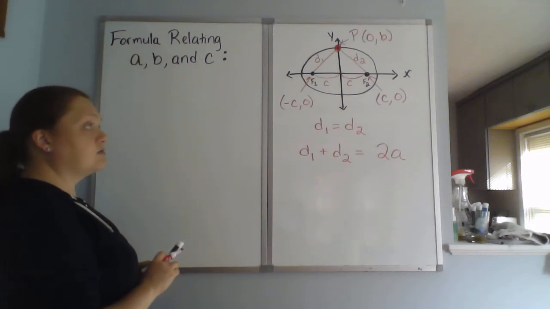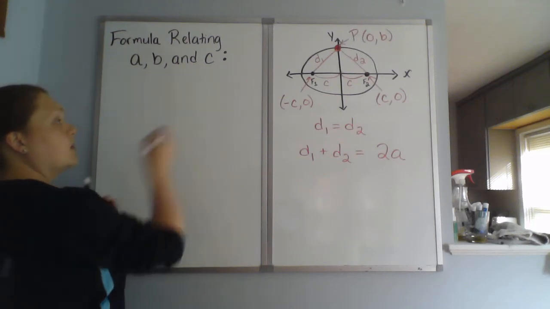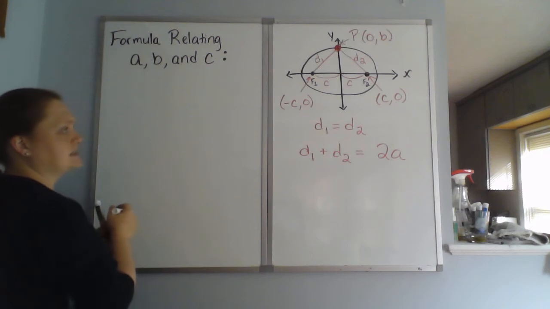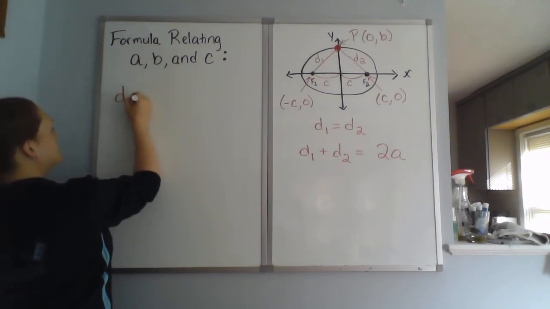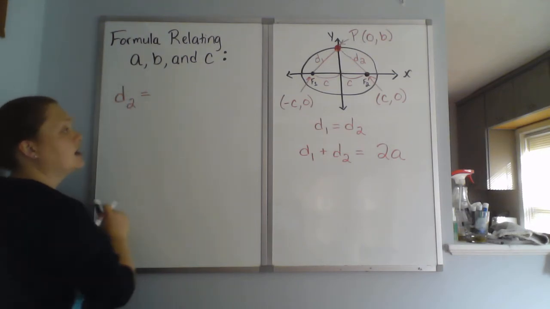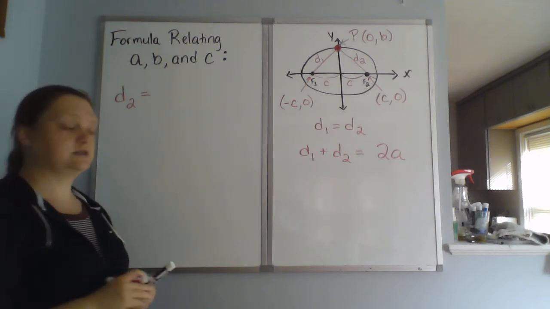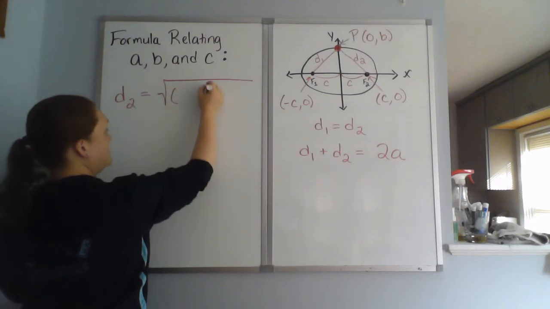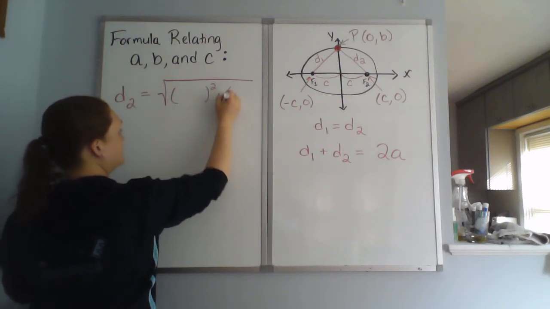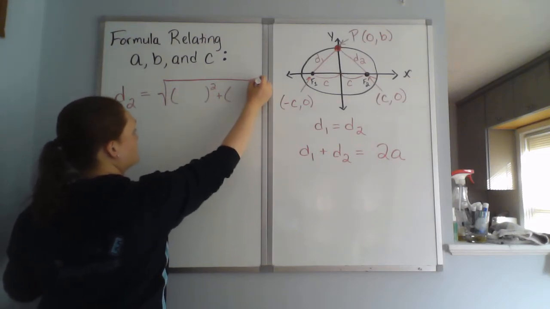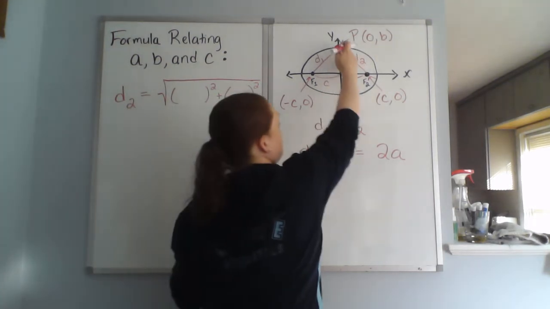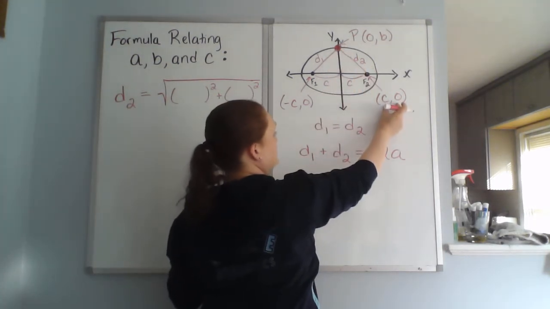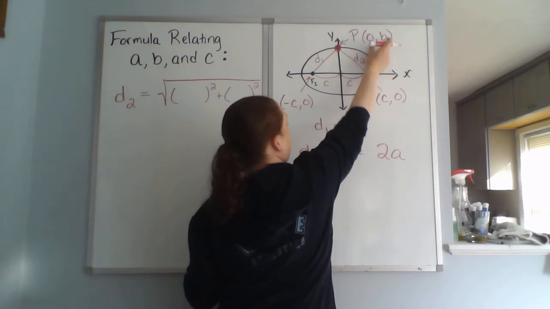So now let's do d2 because that's a slightly easier one. So let's do the distance formula for d2. I could do the distance formula for d1 also, right? So that's the square root of the difference between the x values squared plus the difference between the y values squared, okay? So if I'm looking at d2, I'm looking at the point (c, 0) and (0, b), okay?